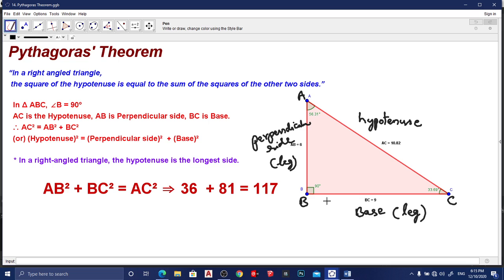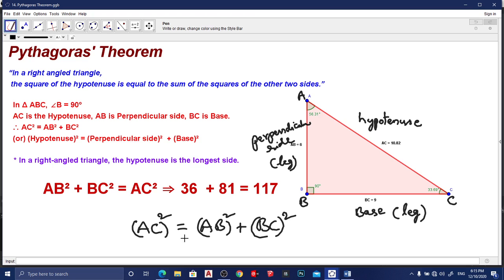Here the square of the hypotenuse is AC square, which is equal to the sum of the squares of the lengths of the other two sides, which is AB square plus BC square.